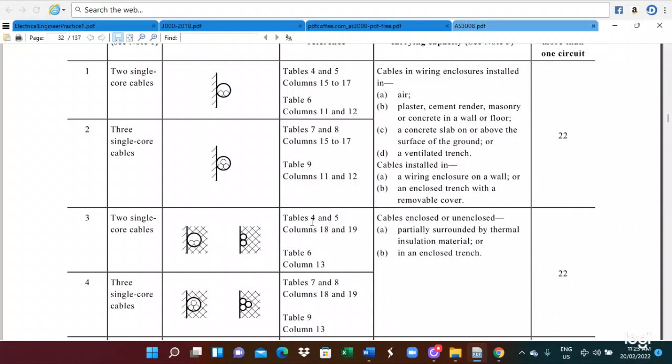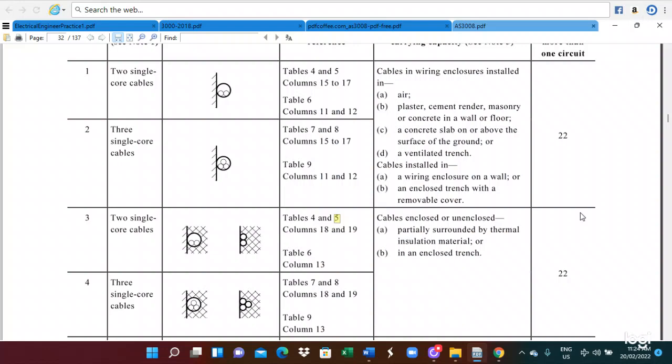So we have to further look at Table 4, 5, column 18 to 19. Table 4 is for the V75, Table 5 for the V90, and Table 6 for the V110. In this case, the derating factor you can look up in Table 22.